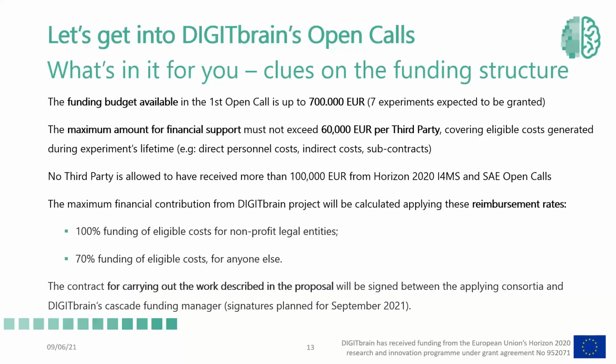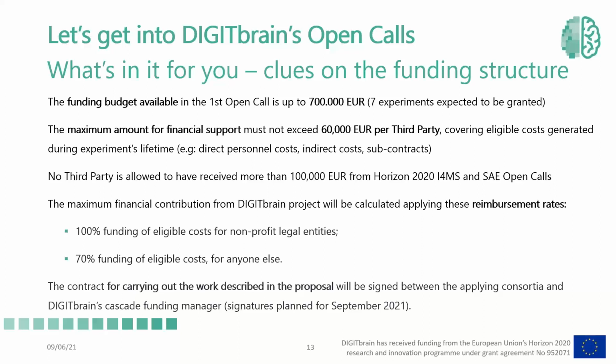Additionally, another boundary is that no third party is allowed to have received more than 100,000 euros from Horizon 2020 I4MS and Smart Anything Everywhere open calls. This is something you have to bear in mind.